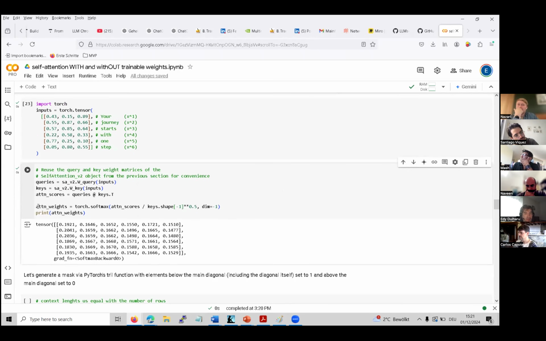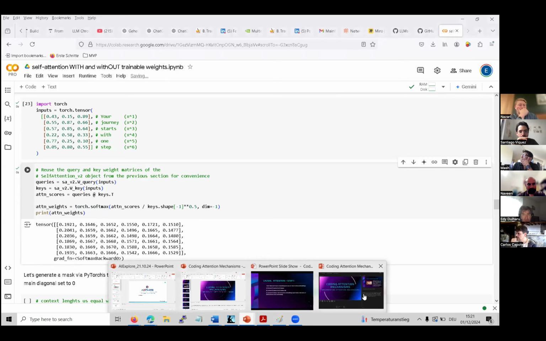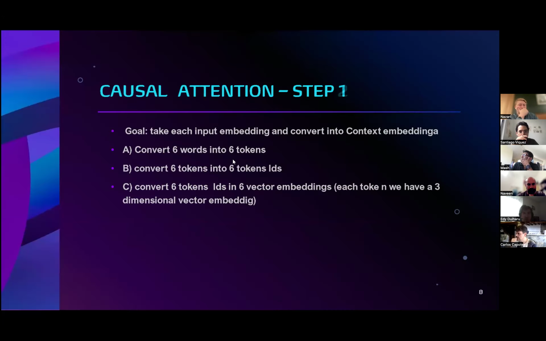And I'm getting the weights by applying softmax on the attention scores.